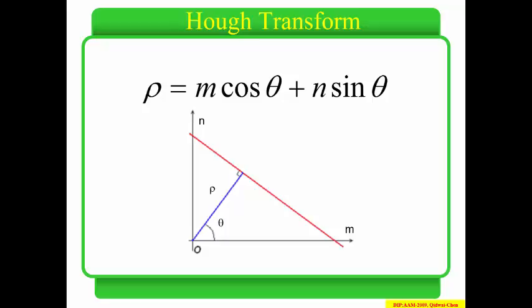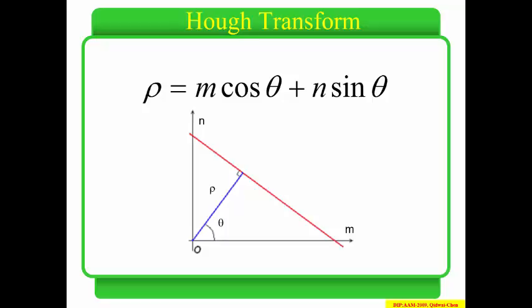So here we have said that in order to identify whether a certain pixel falls in the same line as another pixel, both of the two pixels should satisfy this equation. Okay? So for example, if I have the point (n1, m1) and (n2, m2), how can I say that these 2 points reside in the same straight line?